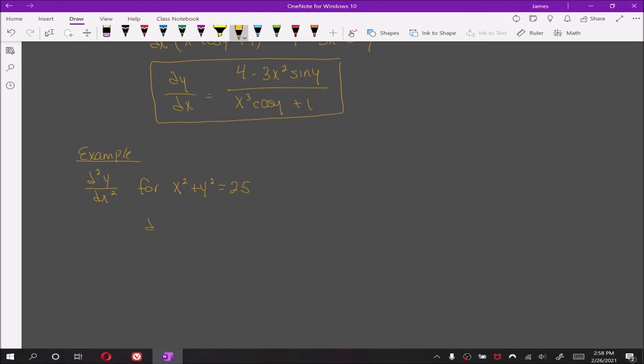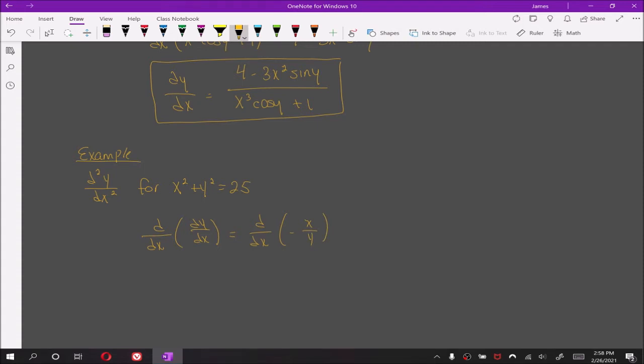So what we're really looking for then is d/dx of dy/dx, which is d/dx of that negative x over y.